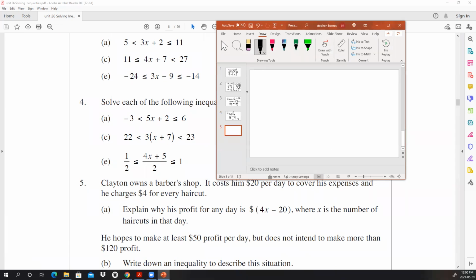All right, let me do E first. So we have a half, right? And then we'll have 4x plus 5 over 2 less than or equal to 1.